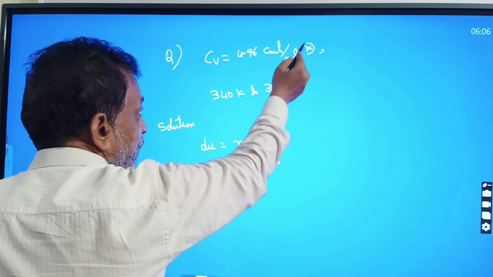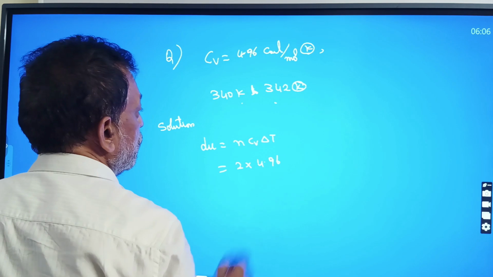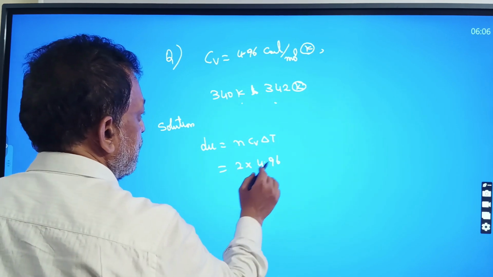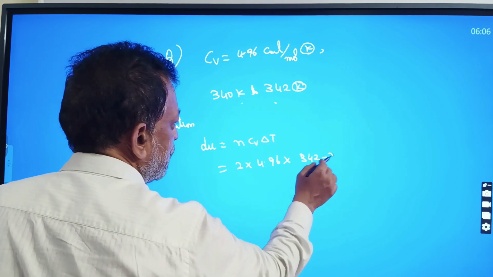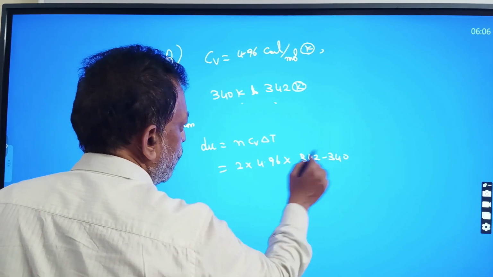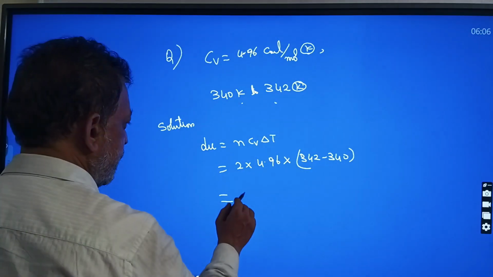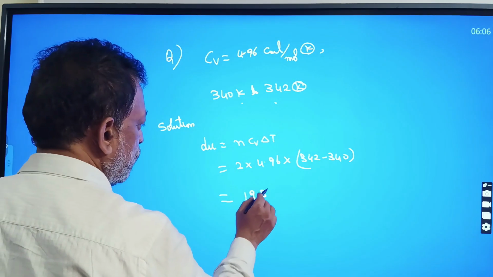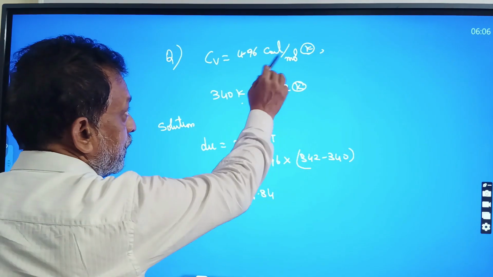The unit is calorie, by checking the unit given.